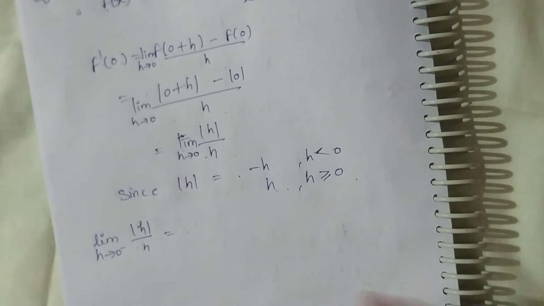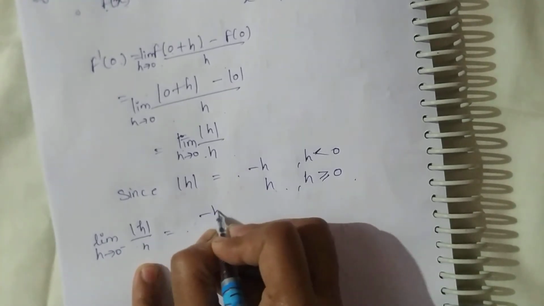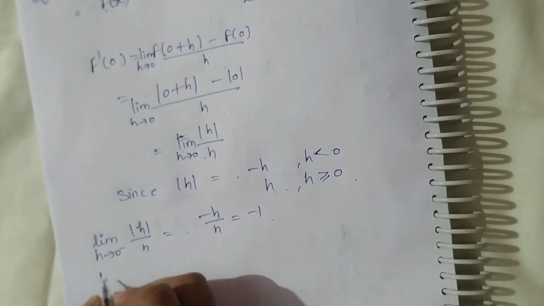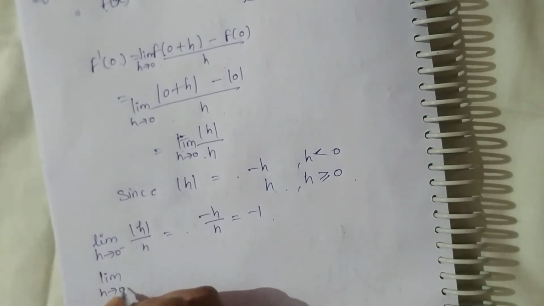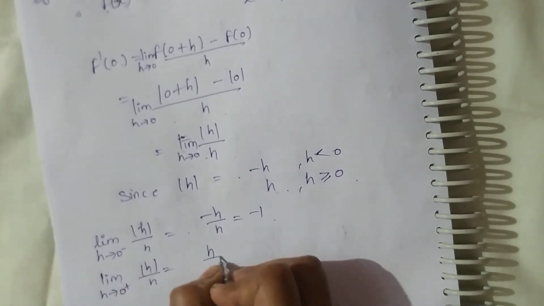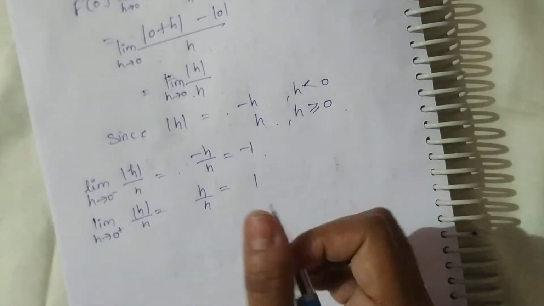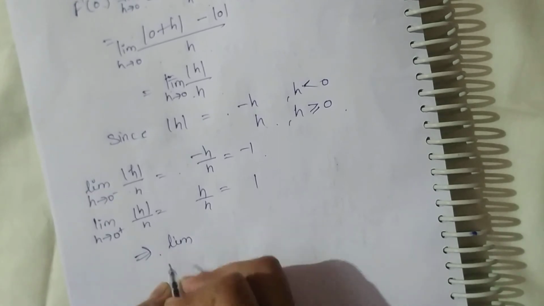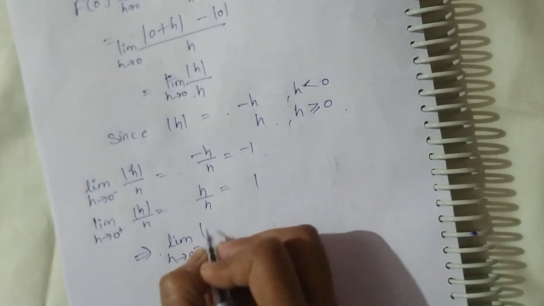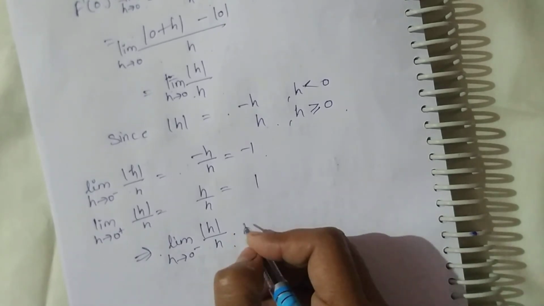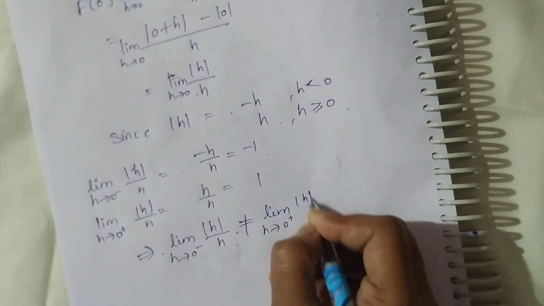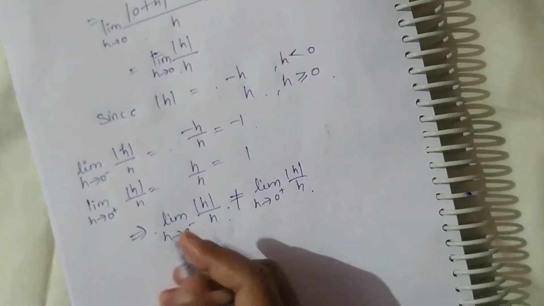We get minus h upon h is equal to minus 1, and the right hand limit of the function is 1. Therefore, the left hand limit and right hand limit of the function are different, which implies that the limit as h tends to 0 does not exist.